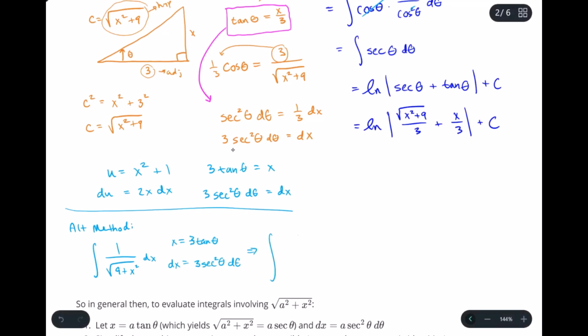So you would have the integral of 1 over the square root of 9 plus 3 tangent theta squared. And then dx becomes 3 secant squared theta d theta.